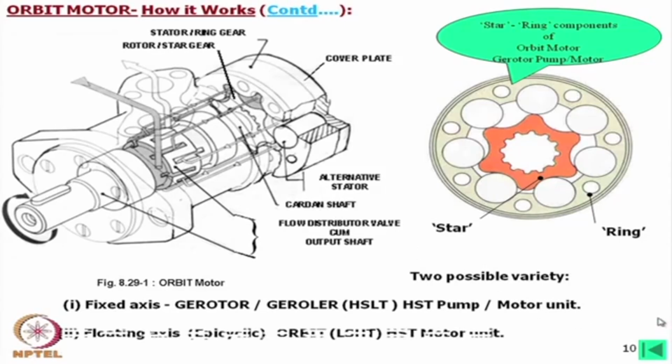So, the second version is the floating axis. Actually, epicyclic gearing action is there, epicyclic motion is there. Why we call this axis floating is because it is not, in the true sense, rigidly connected to any shaft, because its motion is guided by these contacts, which are form closed.